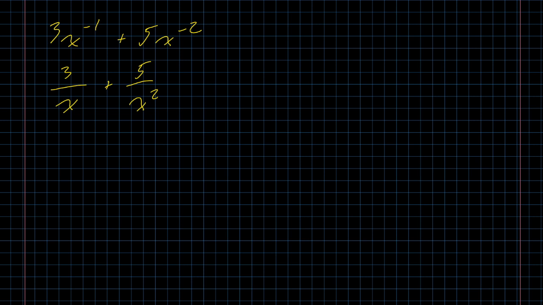To get common denominators in this case is not going to be that bad. I just need to multiply this first fraction, top and bottom, by x, so that I get 3x plus 5 all over x squared.